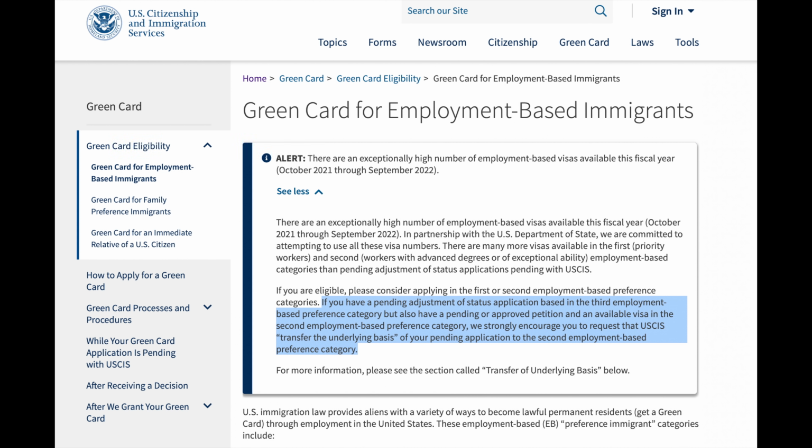So remember, they are talking specifically about two conditions. You should have a pending or approved petition and a visa number available, which means your EB2 priority date should be current. Only if you have these two conditions met, only then you should consider upgrading from EB3 to EB2.